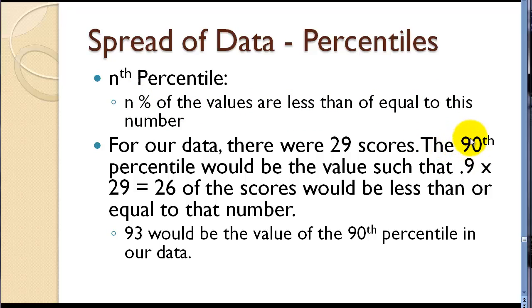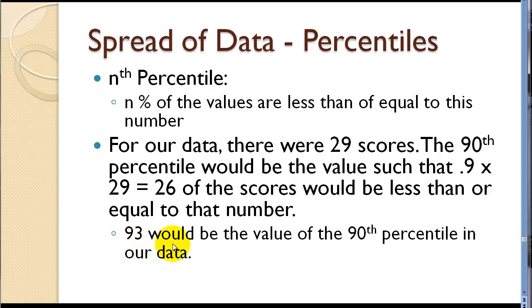So if we wanted to know what score would be the 90th percentile, there were 29 scores in the table, so 90% of 29 is approximately 26. So we would be looking in our ordered list of data for the place where there would be 26 scores less than or equal to a particular number, and that came out to be 93 in our data.